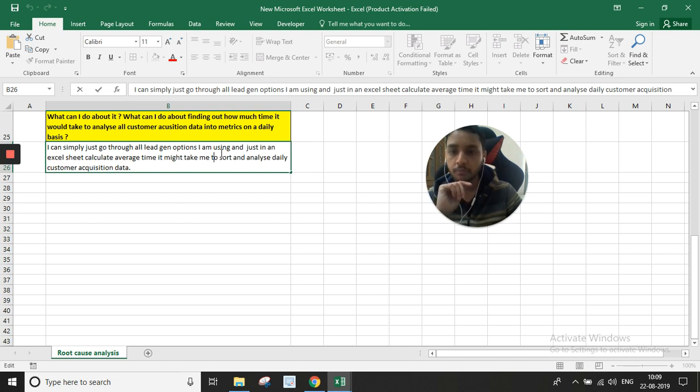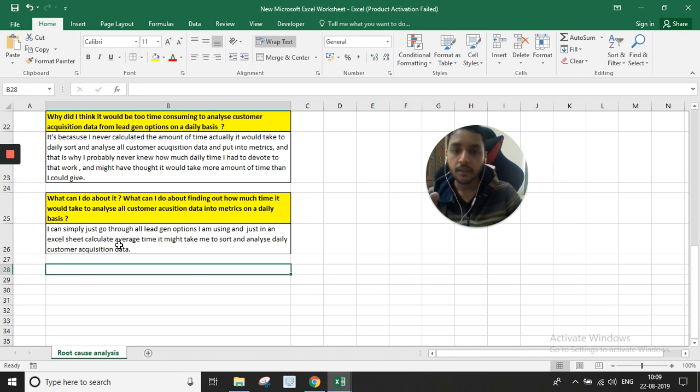So I have to find time to actually calculate the average time it might take to sort and analyze customer acquisition data, and then schedule it in my calendar so that I can sort and analyze the data all the lead gen options are providing daily. After that, I can get an idea of which lead gen is producing the maximum result.